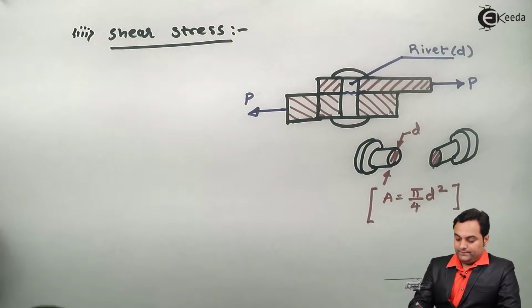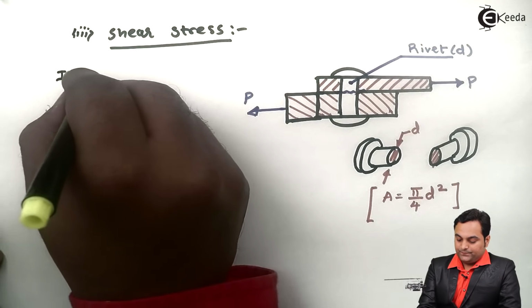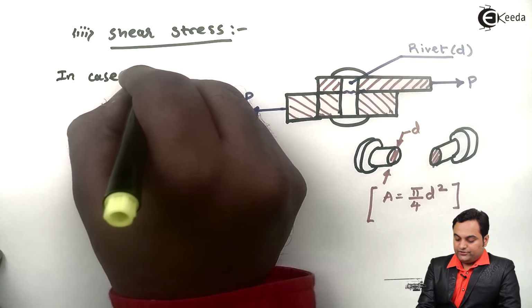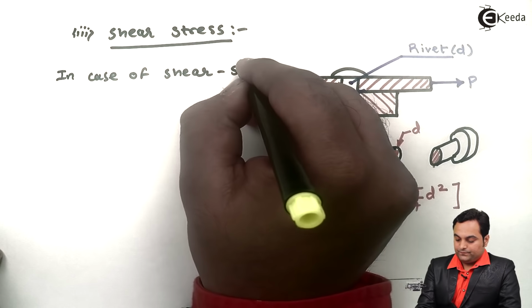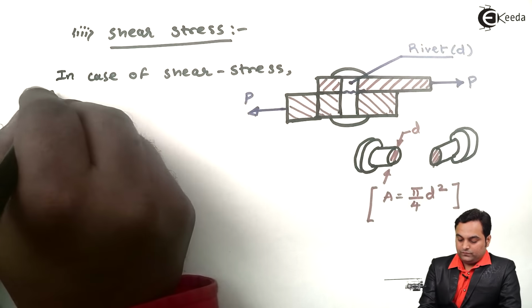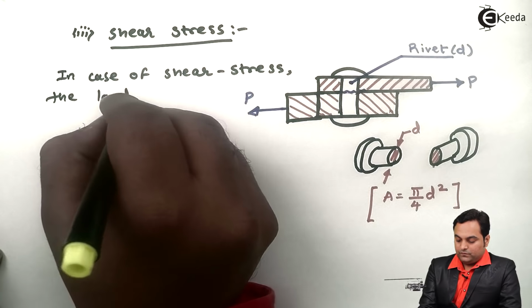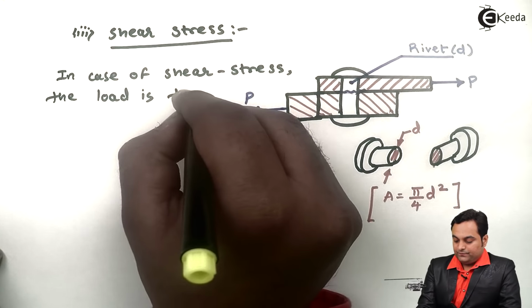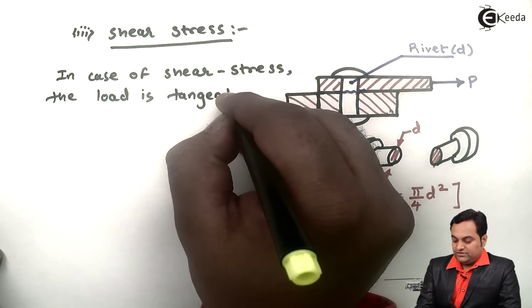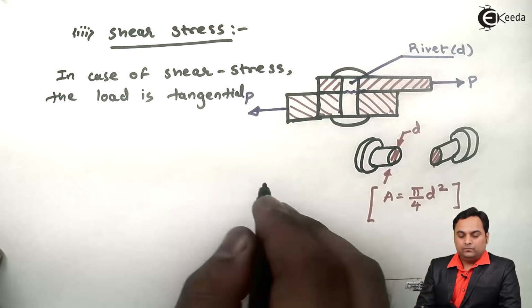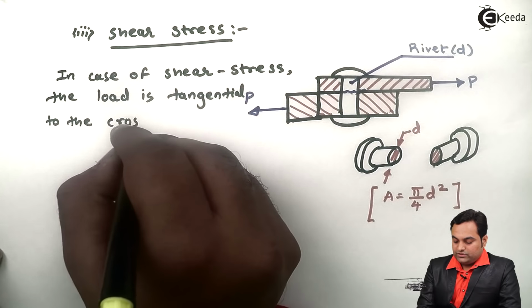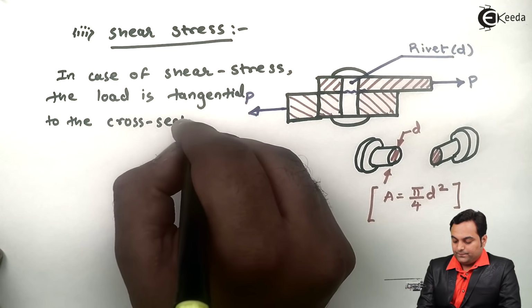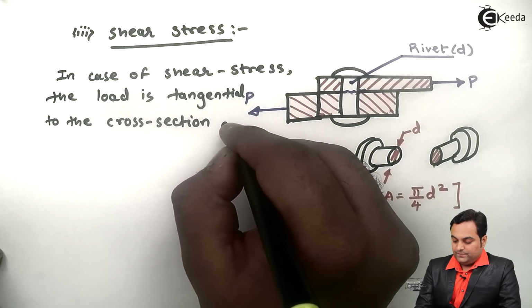So I can say that in case of shear stress, the load is tangential to the cross section area.